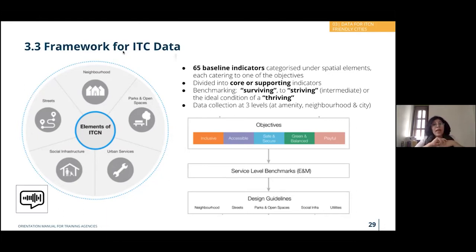And then thriving means that this is a city in which our young children and caregivers are really thriving. This is a city which is paying attention to their needs, incorporating their needs in the policy framing. So there are these 3 levels of benchmark which relate to the objectives of ITCN, which is inclusive, accessible, safety, green and playful. Now what do these indicators measure?